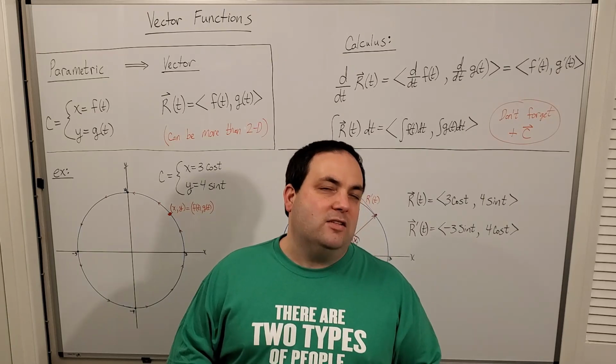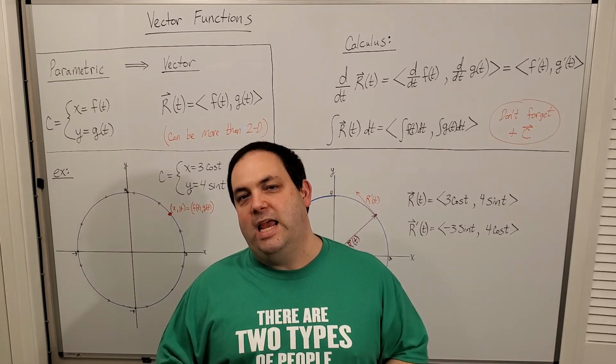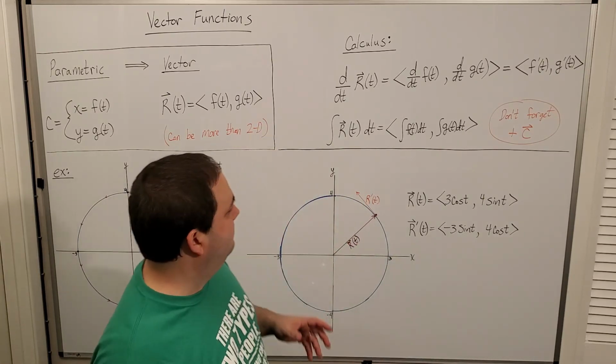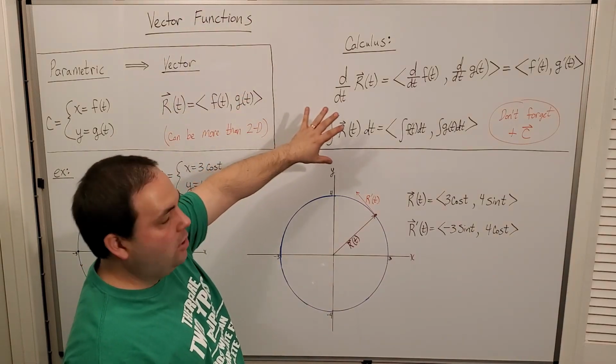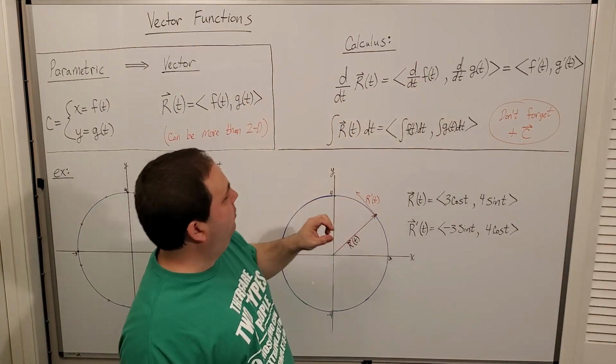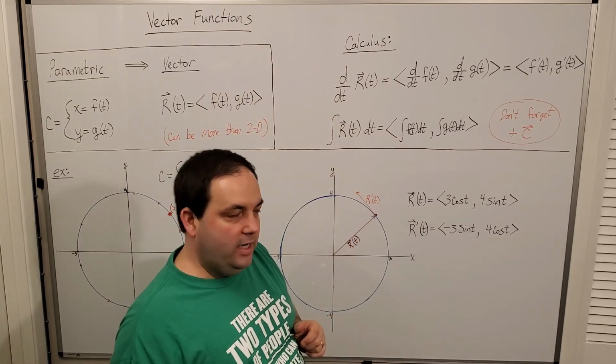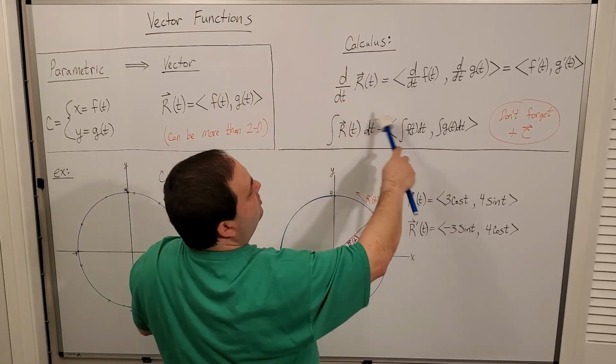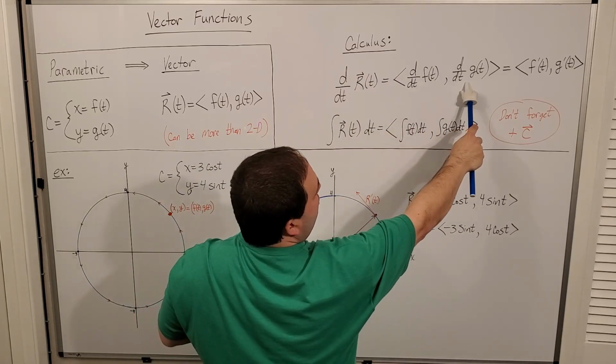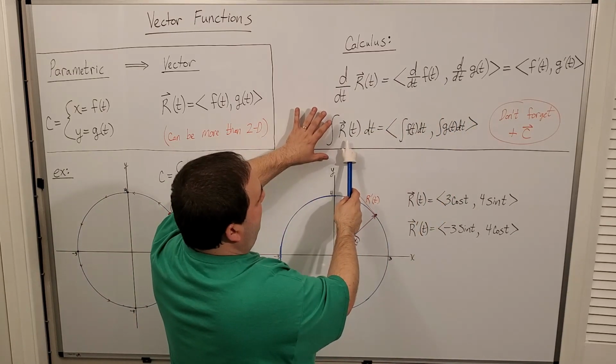A lot of the math is going to feel exactly the same as parametric equations. The calculus is going to be more inside now, though, rather than doing the derivatives and then bringing them together to form dy dx. When you're doing the calculus on a vector function, you'll simply be doing it to components. Same thing with the antiderivative.